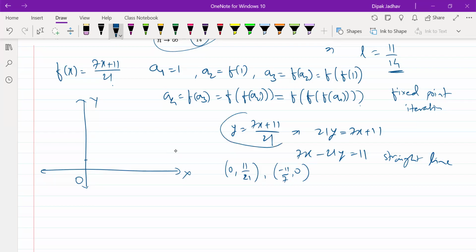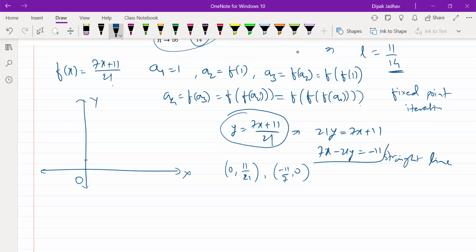Substituting x equal to 0, y is 11/21. And with y equal to 0, we'll have x equal to minus 11/7. We had written this equation wrongly: it is 7x minus 21y equal to minus 11.